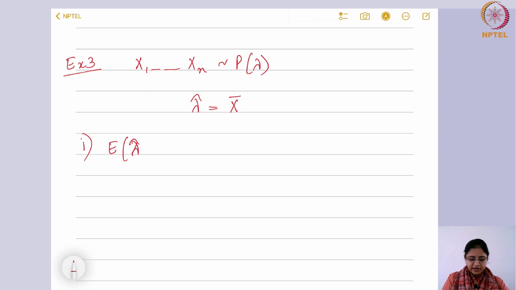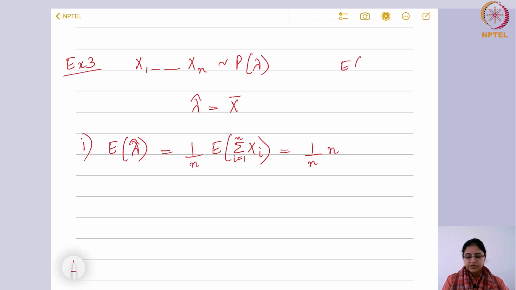Expectation of lambda hat, which is the same as expectation of X bar, so 1 over n times the expectation of the summation of Xi's. Here it would be n times, because each Xi has the expectation lambda, for i from 1 to n, right? So this would be n lambda, and n would cancel out, and it would be simply lambda.